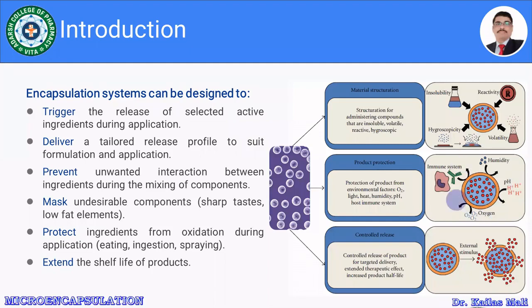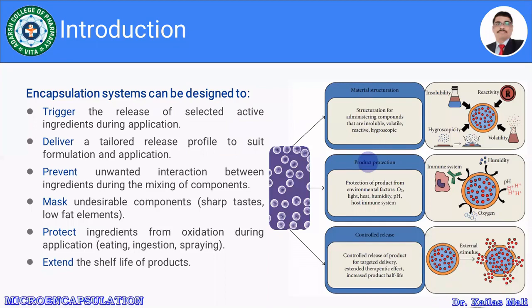So it is possible to improve the product stability. Then controlled release of the product for targeted delivery, for extended therapeutic effect, and to increase the product half-life. So these are the 3 important things related with microencapsulation.